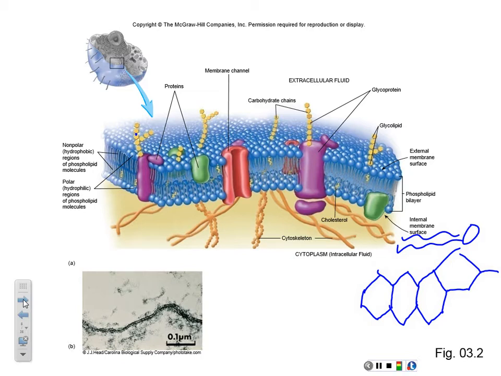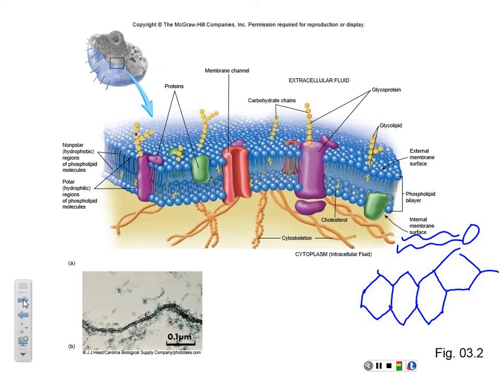The carrier protein will actually attach and move and change shape and move substances in. Okay, that's a carrier protein. It will attach to the substance that's moved, to the molecules, and change shape, and once it changes shape, that substance is internalized.